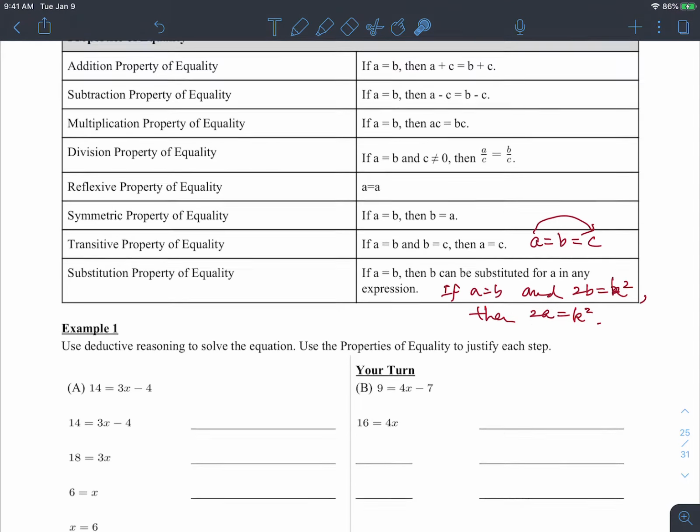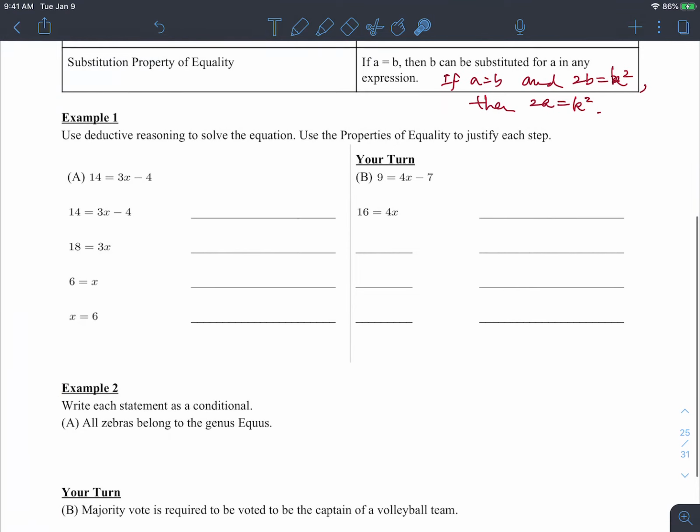Okay, so this is a little bit of algebra review. So let's take a look at this right here, guys. We start with the first sentence right here. This is the given statement, given. And what do we do to both sides? We added 4 to both sides, right?